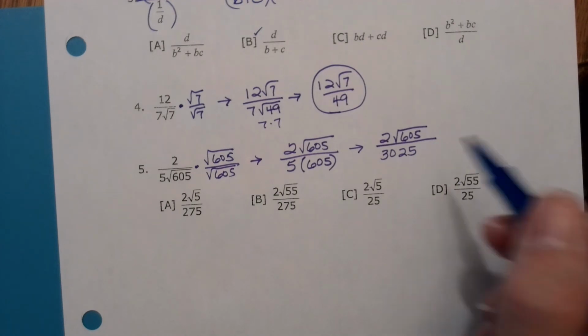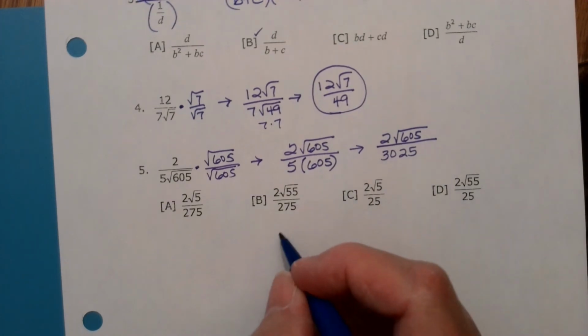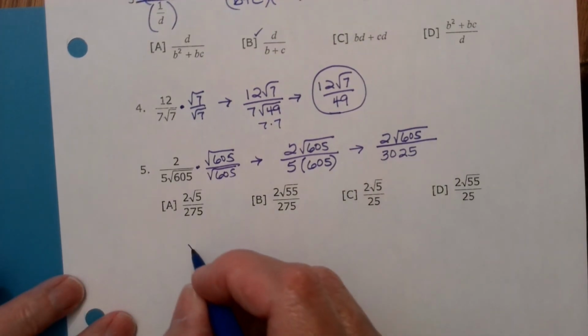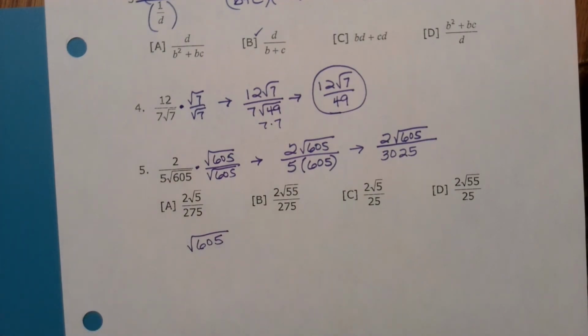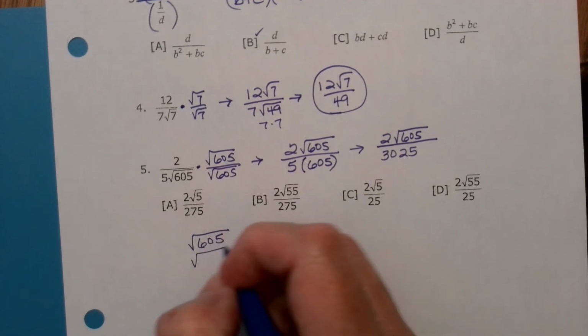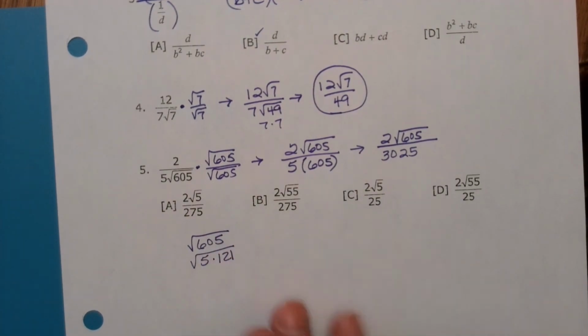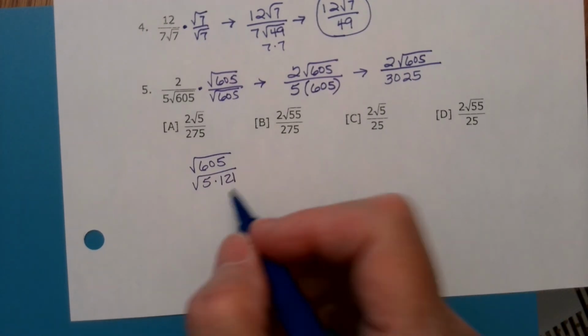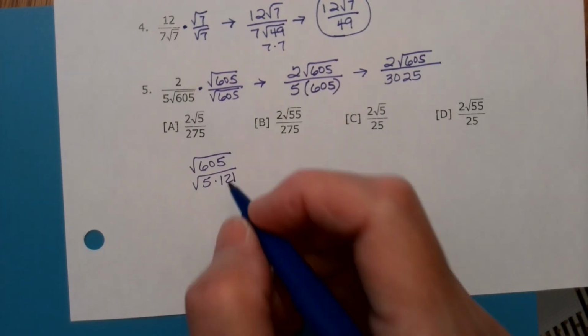Now, I wonder if this square root of 605 can be simplified any, because it's quite large, isn't it? So if I think about that for a minute, the square root of 605. Now, I know for sure that it's divisible by 5, so I can factor that. And if you're pretty good with your squares, then you know that 11 squared is 121.